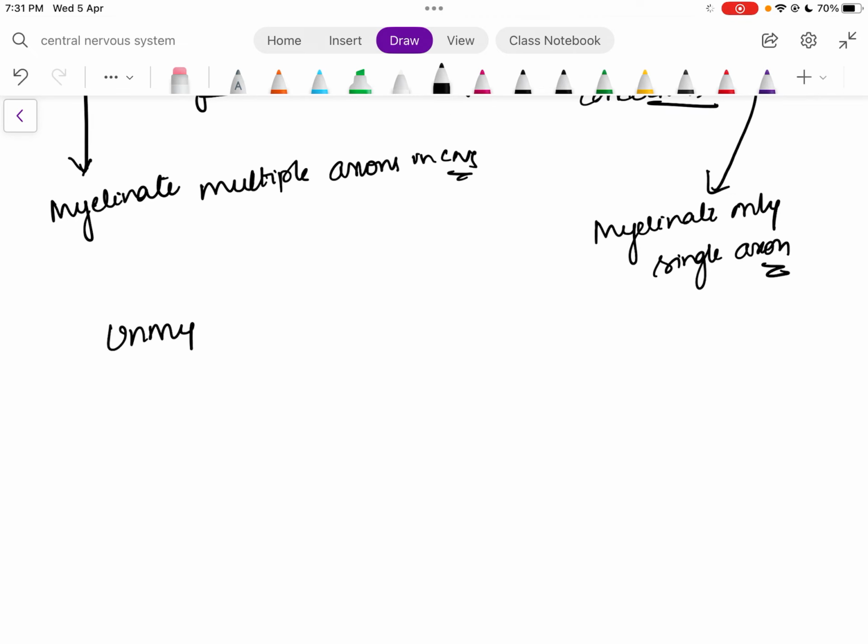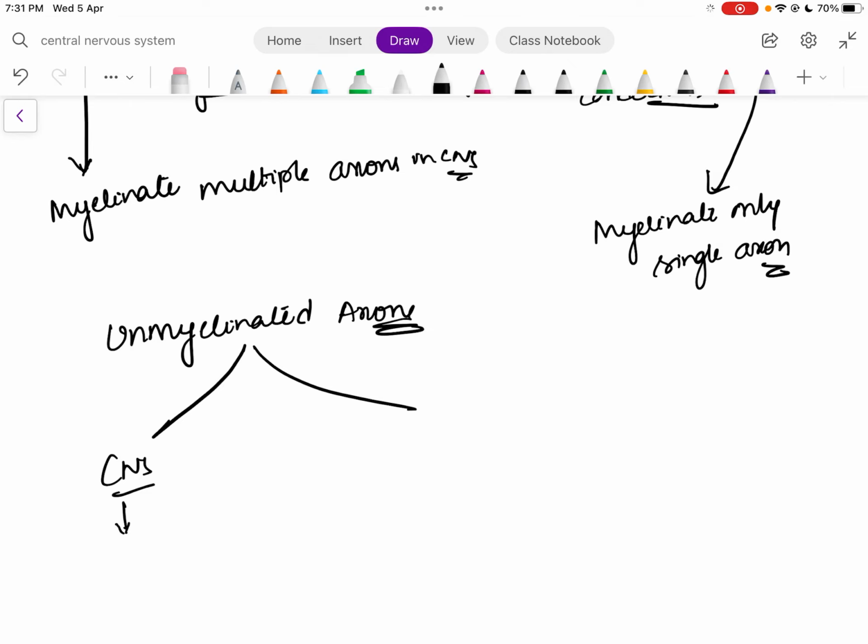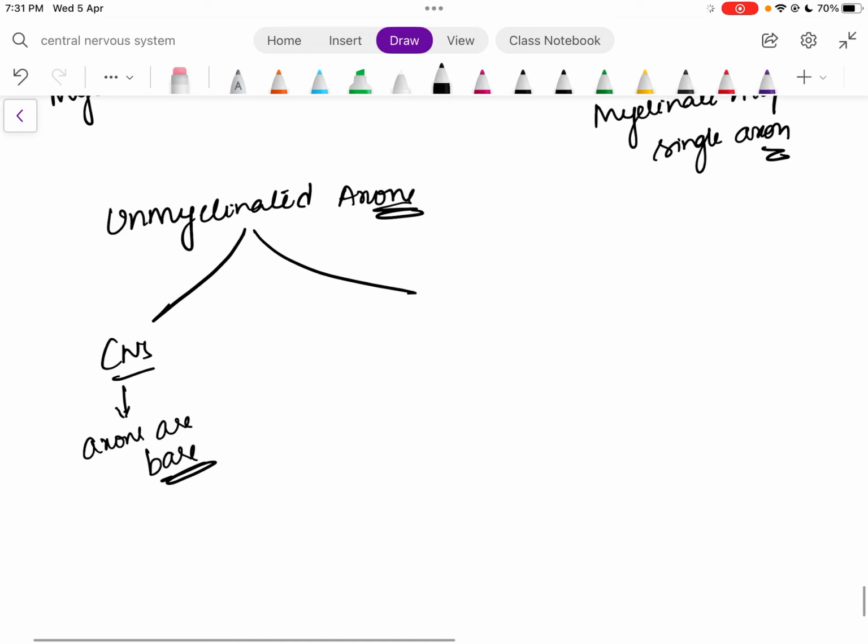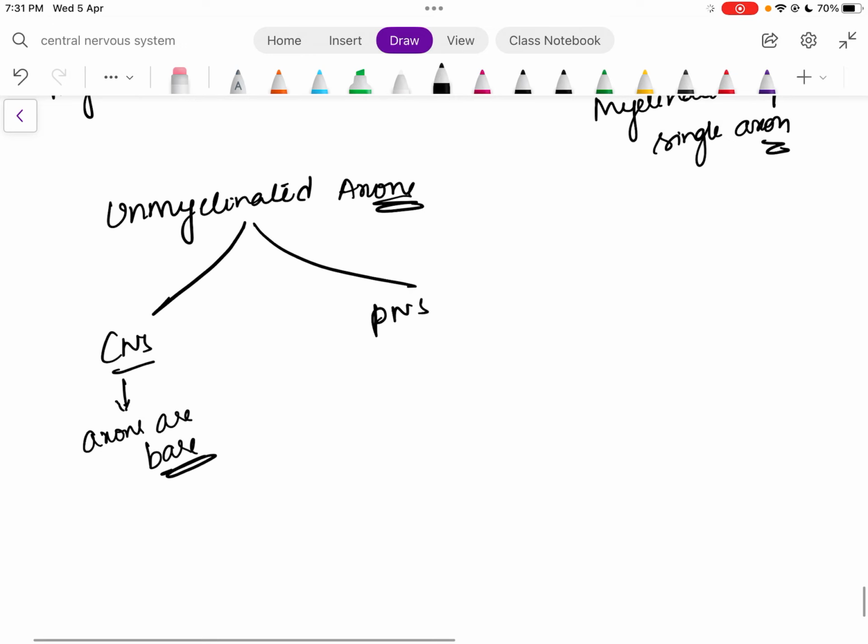Whenever you take an unmyelinated axon in the CNS, these unmyelinated axons are bare. But in the PNS, these unmyelinated axons will have Schwann processes.